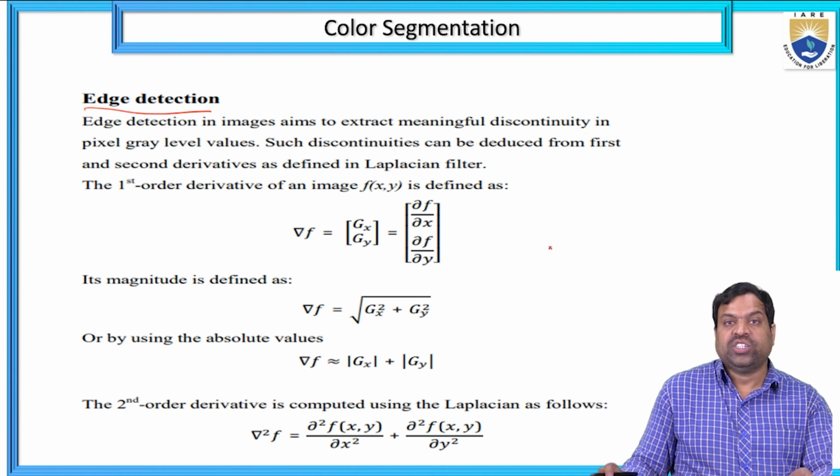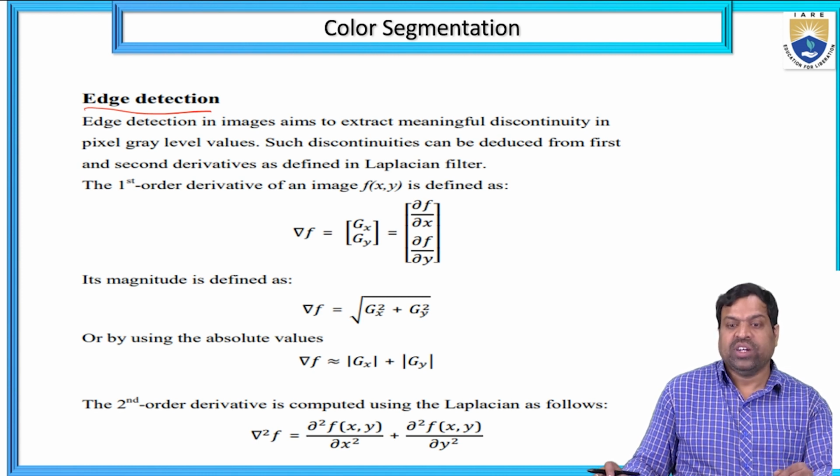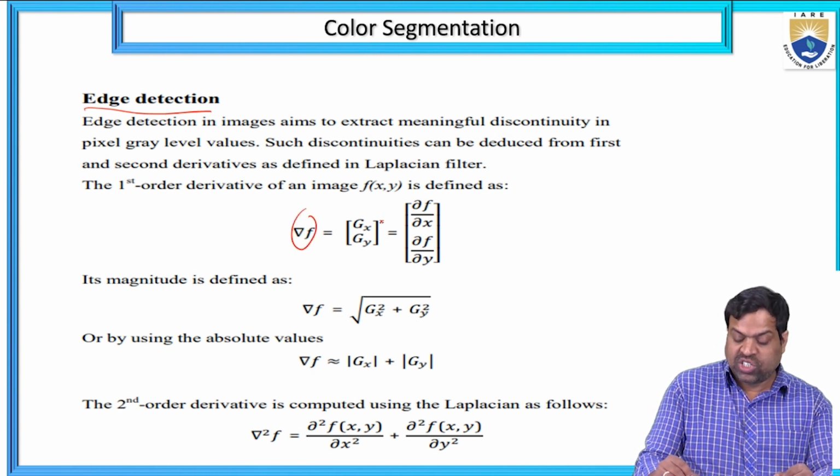Another one is edge detection. Edge detection in an image aims to extract meaningful discontinuity in pixel gray level values. Such discontinuities can be detected from first and second derivatives as defined in the Laplacian filter. Suppose I am taking the first order derivative of an image f of x, y, that is ∇f equal to gx and gy.